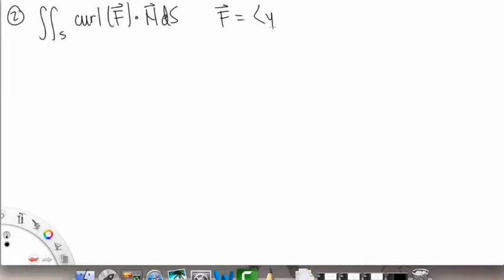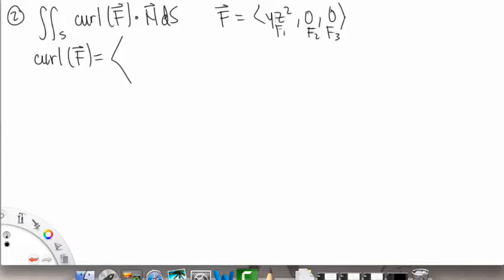So part 2, we're going to calculate the surface integral of the curl of F dotted with the normal vector n times dS. Okay, so the vector field F was y times z squared, 0, comma 0, okay? And the curl of F, so we're going to first of all compute the curl. So that is equal to, alright, I'll label them, F1, F2, and F3, okay?